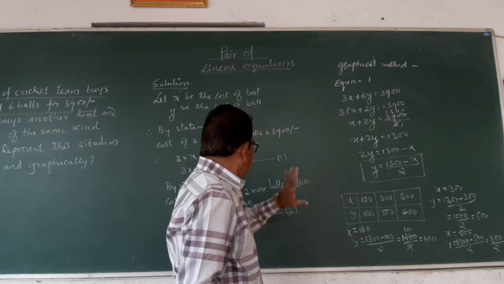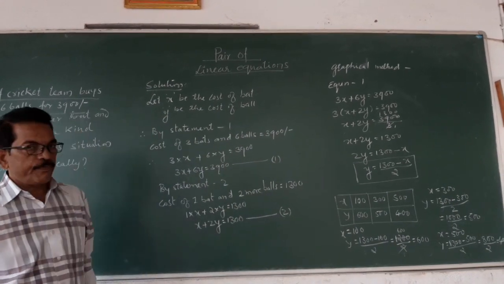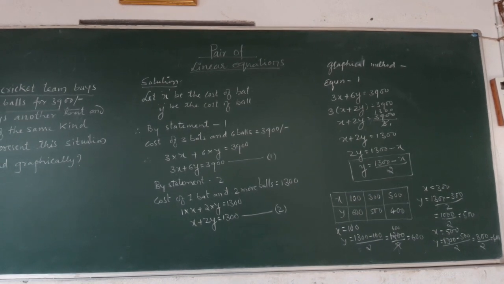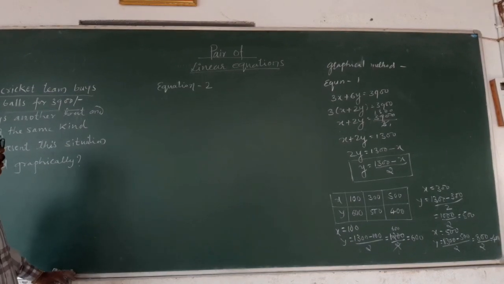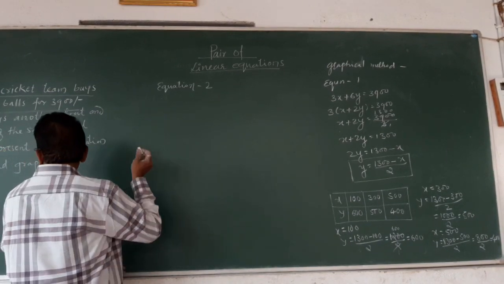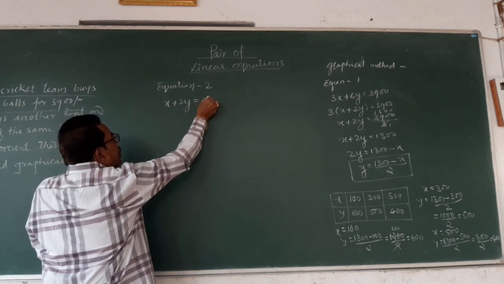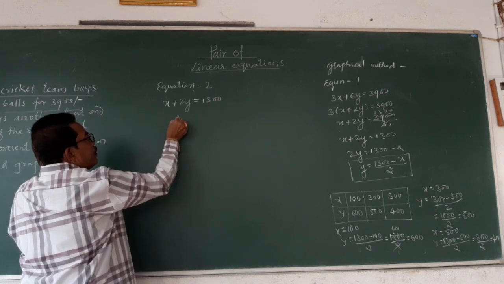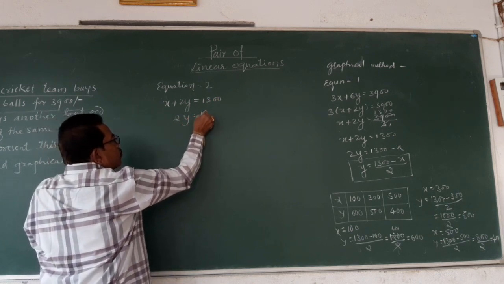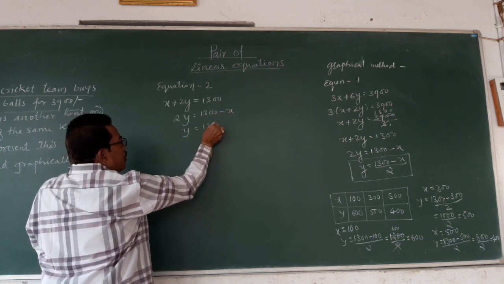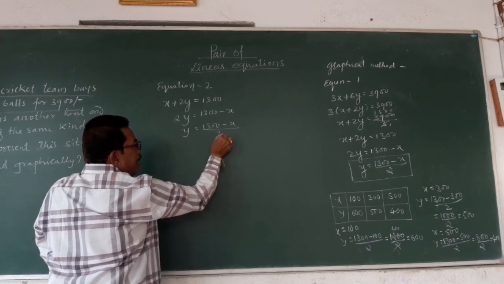Next, let us solve the second equation. See, equation 2 is x plus 2y equals 1,300. Therefore, 2y equals 1,300 minus x. y equals 1,300 minus x divided by 2.